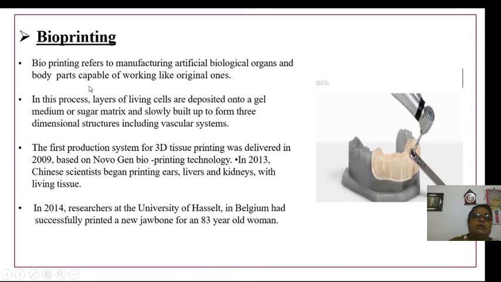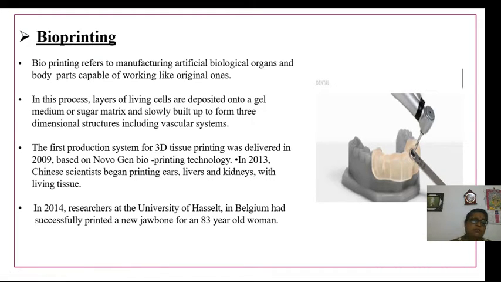So bioprinting means the manufacturing of artificial biological organs, like body parts capable of working like original ones. That is the dental caps as well as the kidney, liver, skull, etc. Biological organs can be developed using 3D printing. In this process, layers of living cells are deposited into a gel medium or sugar matrix and slowly built up to form three-dimensional structures, including the vascular system.